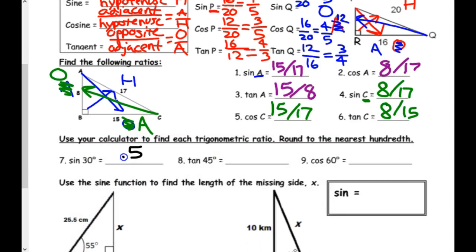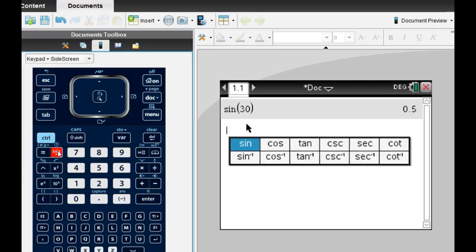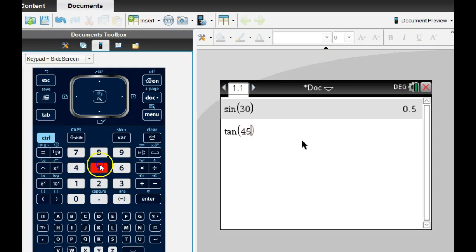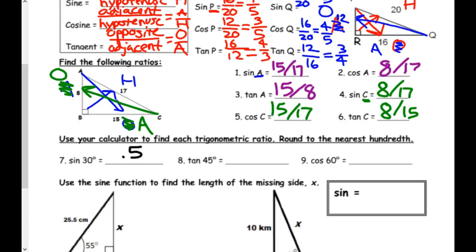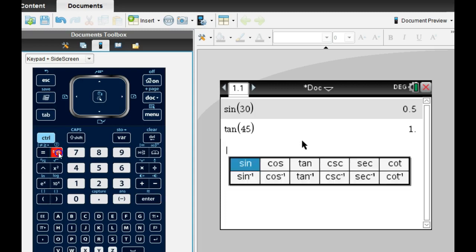Tan 45, tangent 45. So let's go to the trig button. Tangent 45. You should have 1. So listen. So you press this button next to 7, trig.